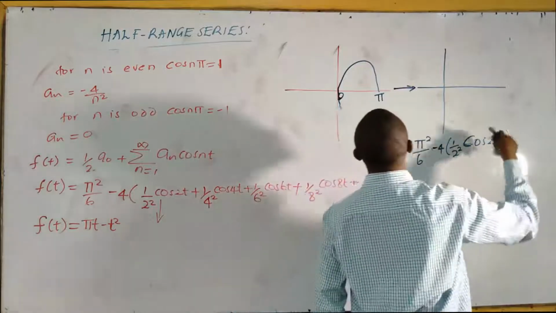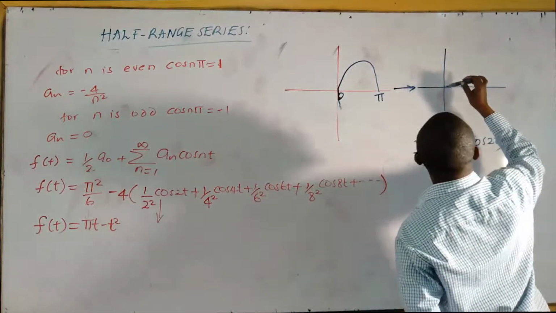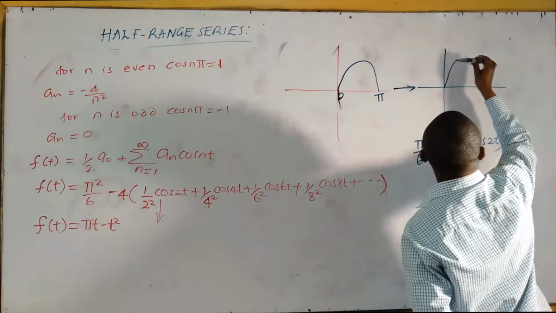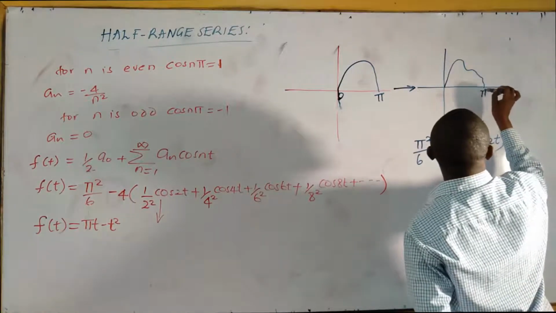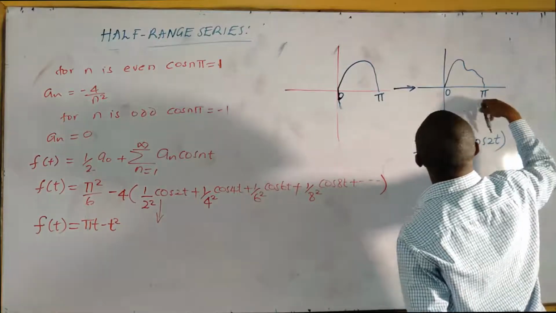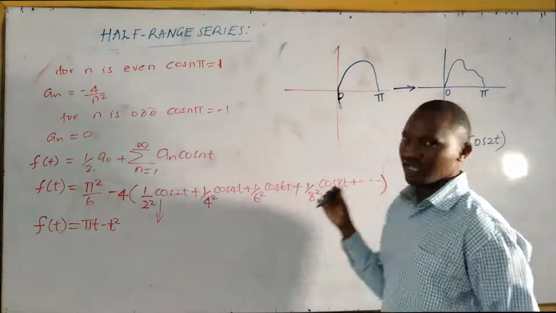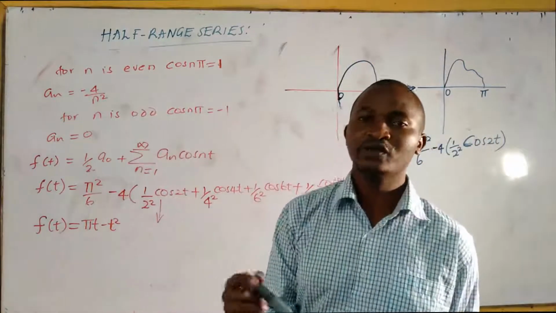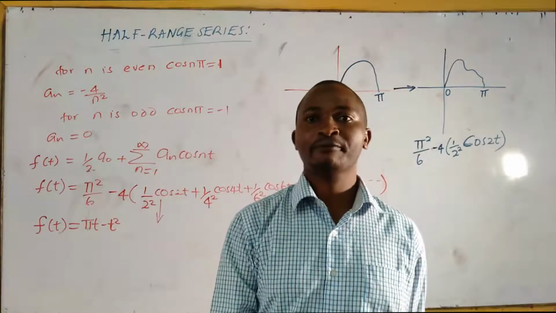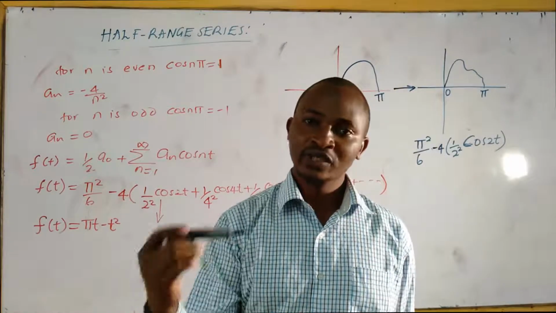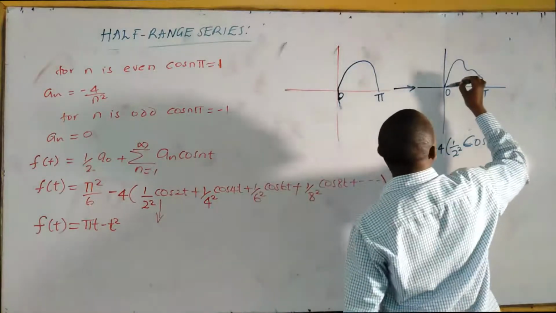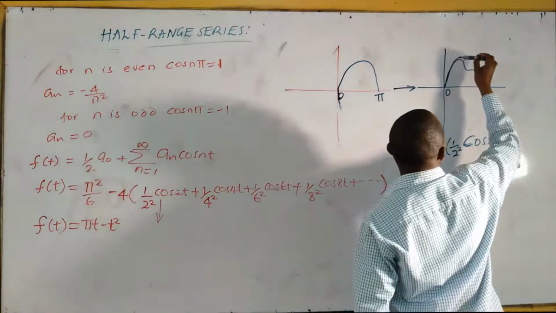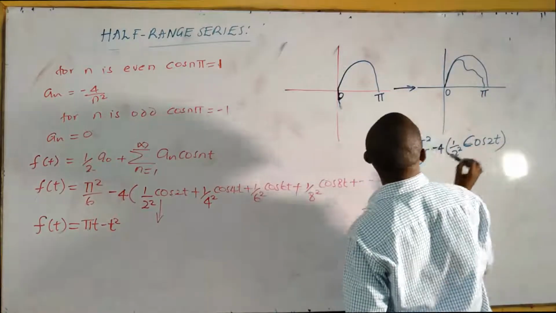If you only included the fundamental harmonic, it will not be the actual waveform you have there. Maybe it will be something like that. Here you have the 0 part. It does not approach the actual waveform. The more harmonics you include in the series, the more it approaches what you wanted to get.